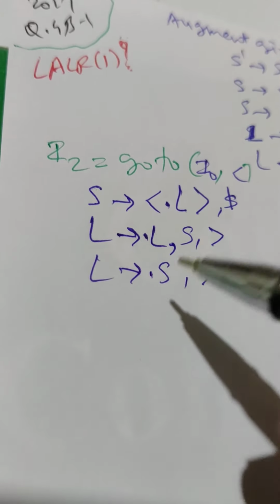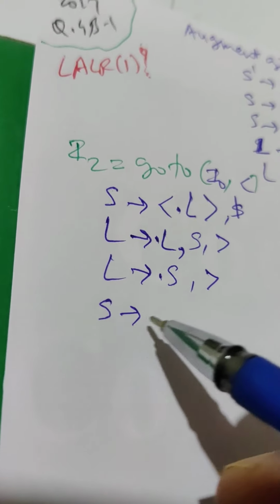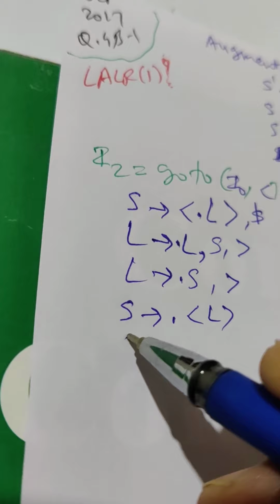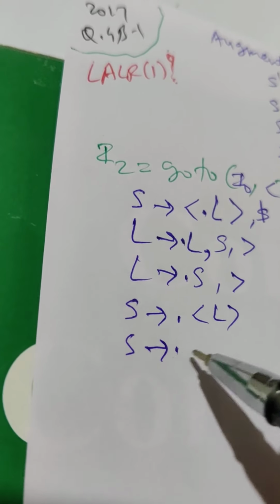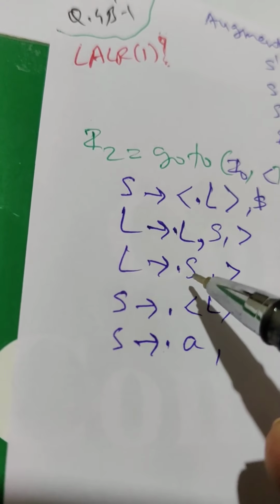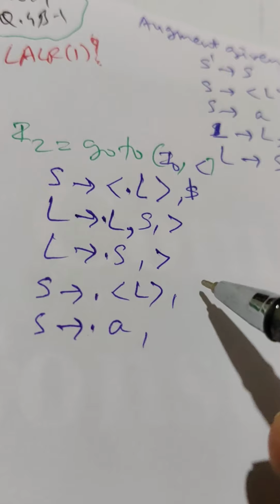This does not end here, because after the dot again there are rules of S. So if we write the rules of S here, S goes to dot (L) and S goes to dot A. For these two rules of S, because of this S, the lookahead is the closing bracket.